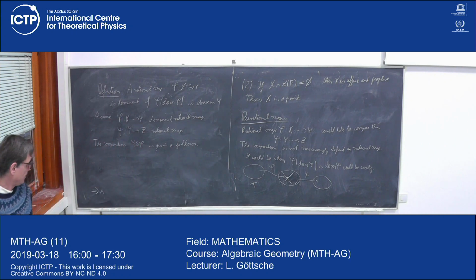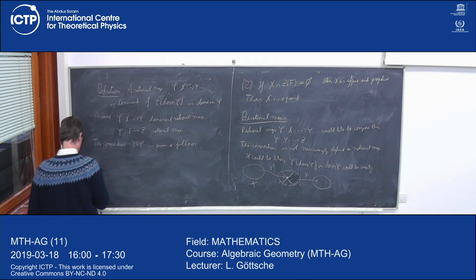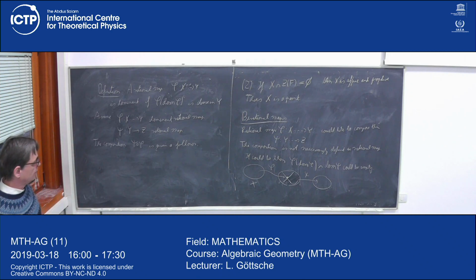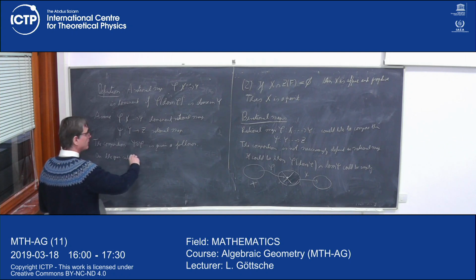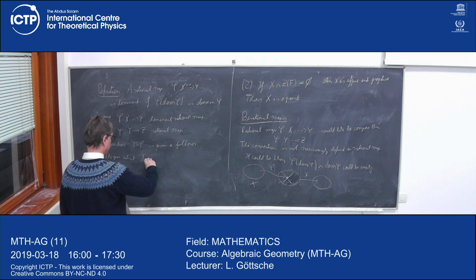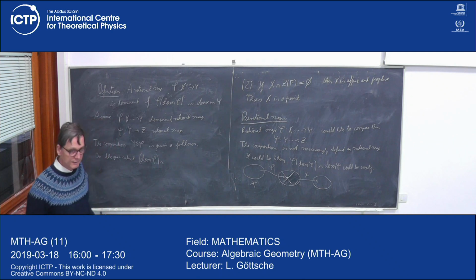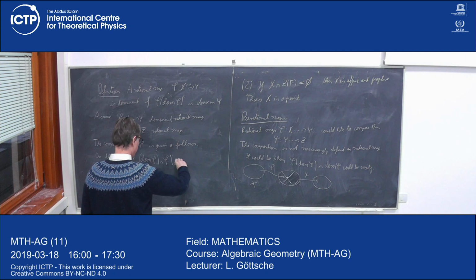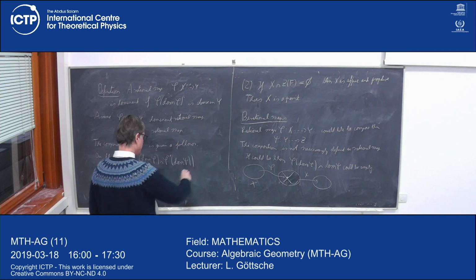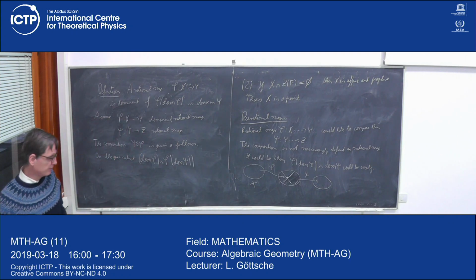So obviously, it's just defined on the open subset, the domain of phi intersected with the inverse image of the domain of psi, which is just given by the composition.